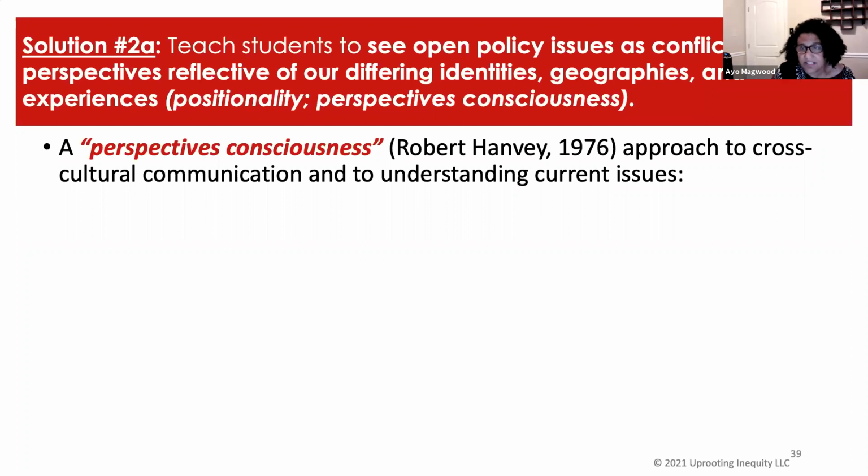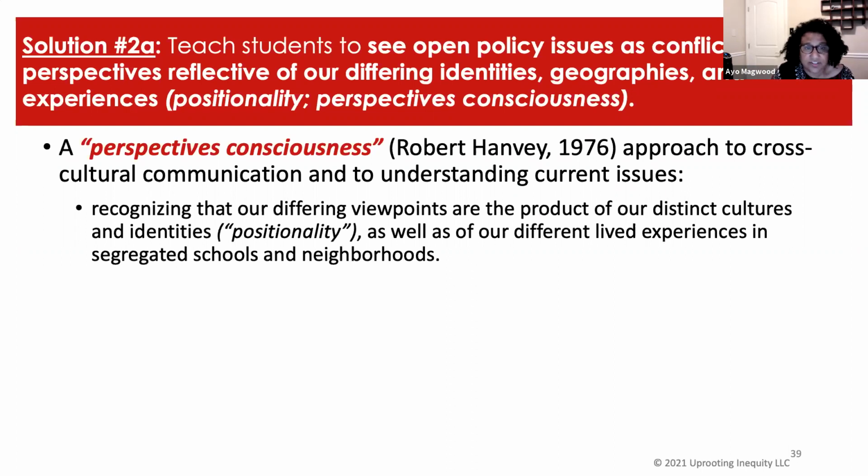So a perspectives conscious approach to cross-cultural communication, just dealing with others, and also to understand current issues, is our recognition that our different viewpoints are the products of our distinct cultures, values, beliefs, and identities, which is what the term positionality means, as well as our different lived experiences in segregated schools and neighborhoods, because you saw those maps.